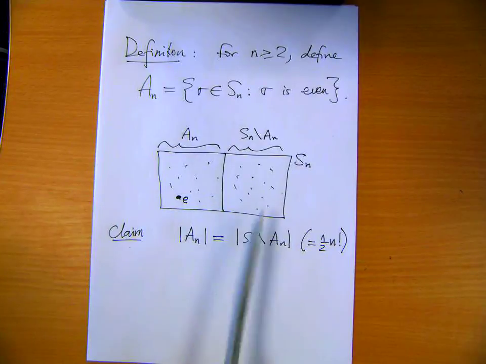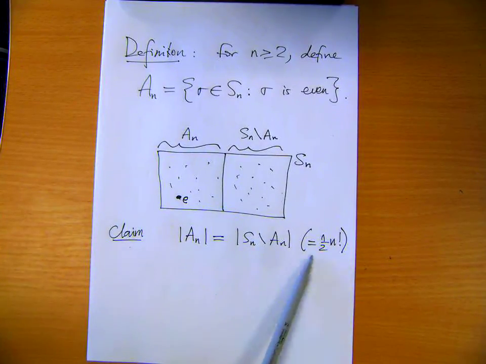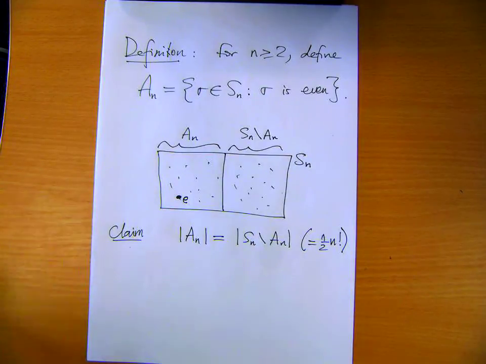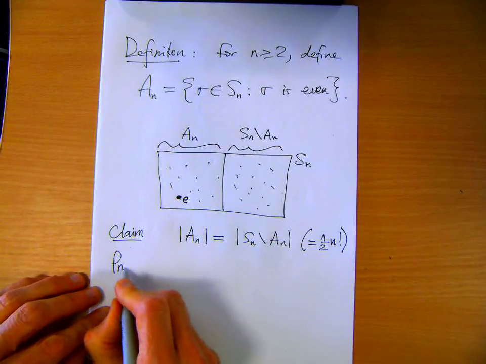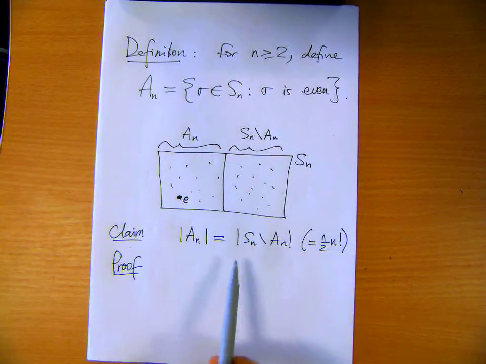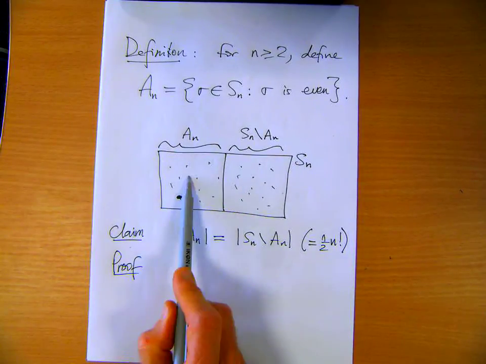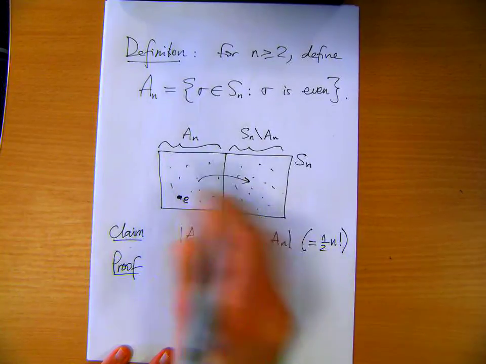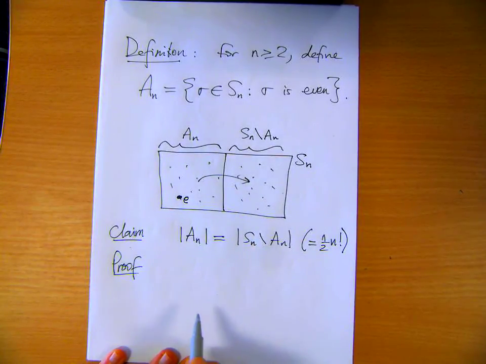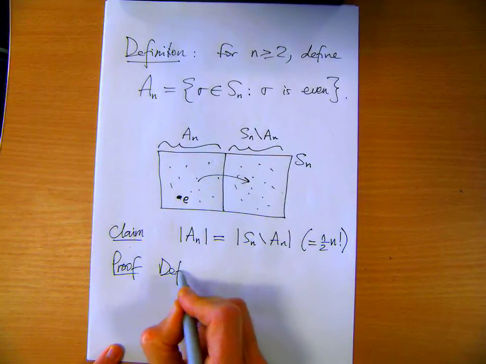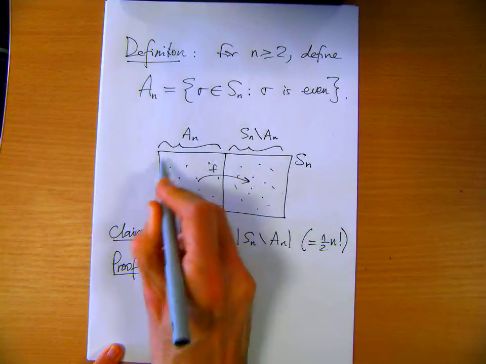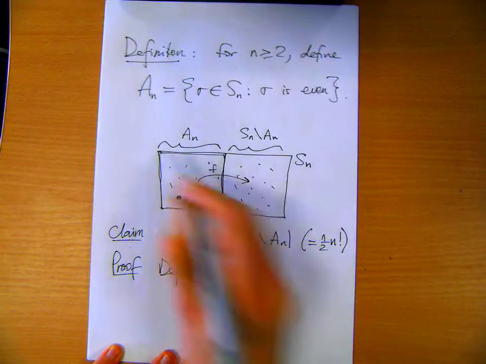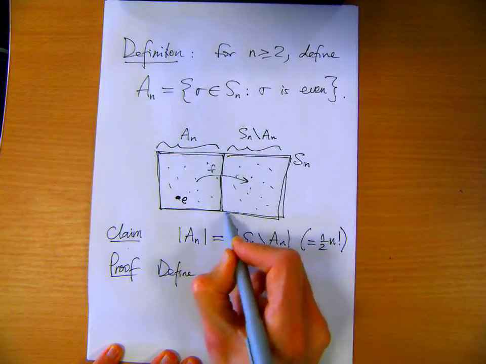So each of these sets has got half of that as their cardinality. And the proof of this claim is, well, how do you prove that two sets have the same cardinality? You've got to define a bijection from one to the other. Okay? So I'm going to define a bijection from AN to the complement.